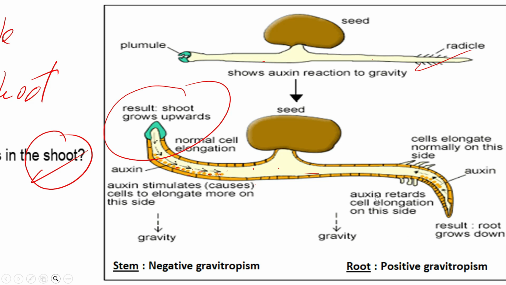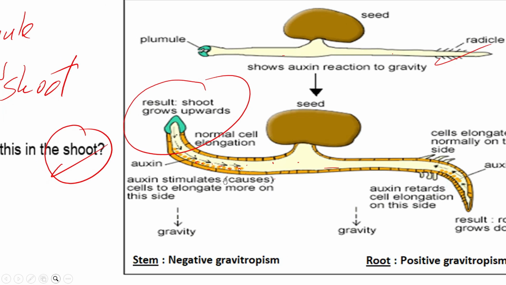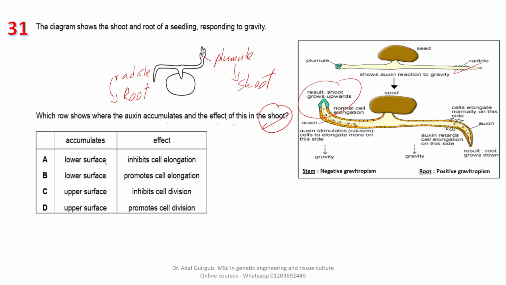Okay, oxygen retards, suppresses cell elongation on this side, although it causes elongation on the other side of the shoot. It's okay. This is due to gravity. So the answer now, which row shows where oxygen accumulates on the lower surface due to gravity? What is its effect on shoot? Promotes cell elongation, for letter B. Okay.